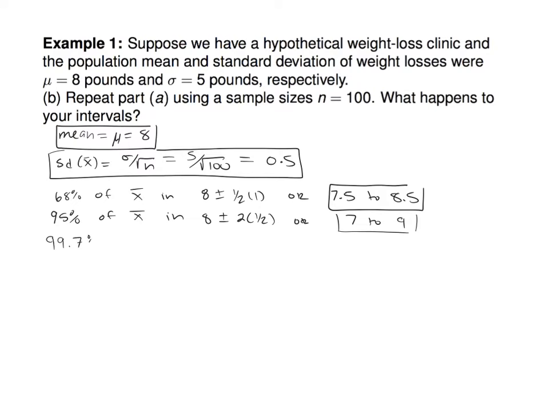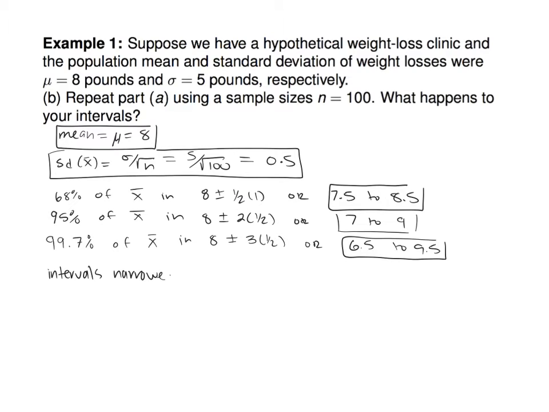And 99.7% of the time, x bar will fall in the interval 8 plus or minus 3 standard deviations, or 6.5 to 9.5. And notice that increasing the sample size decreased the width of the intervals, so the intervals narrowed. This decreases the variability of x bar.